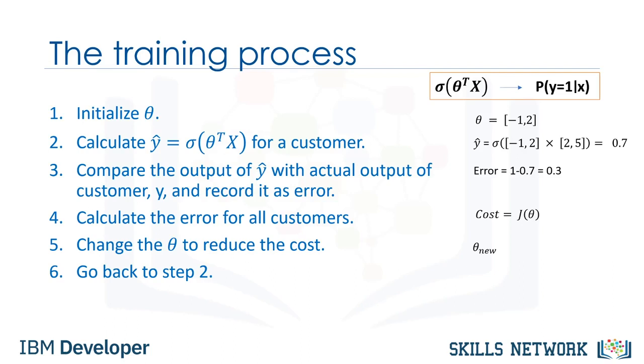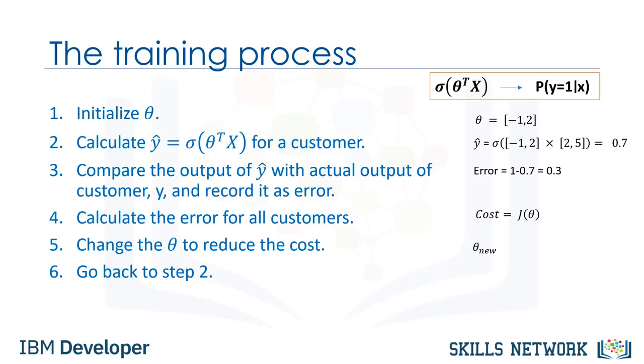And we keep doing those steps over and over, changing the values of theta each time until the cost is low enough. So, this brings up two questions. First, how can we change the values of theta so that the cost is reduced across iterations? And second, when should we stop the iterations?